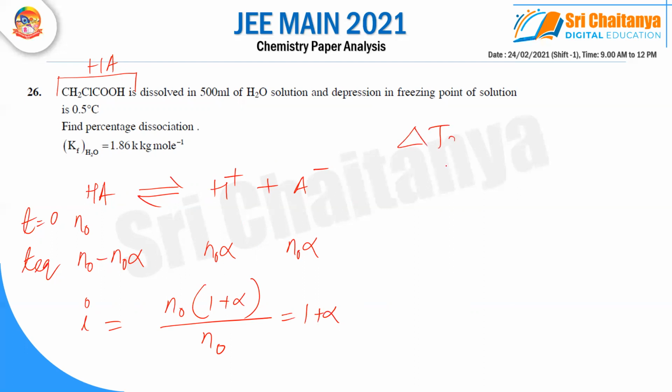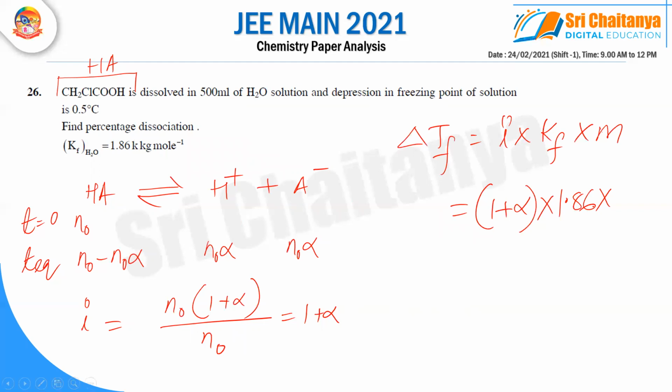Now delta T F is equal to i times Kf times molality. Now this i is nothing but 1 plus alpha, Kf is 1.86, and what is molality? We need to find out. For that, something is missing in the question, I see. Okay, I remember for some reason that this is 9.45 grams given in the question. As I told you, it's totally based on memory.